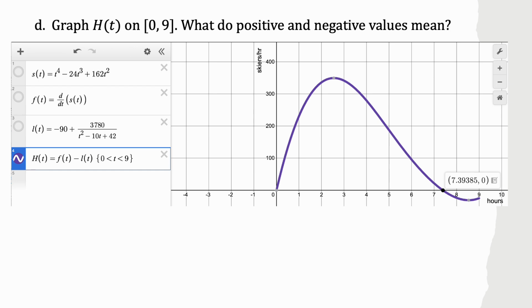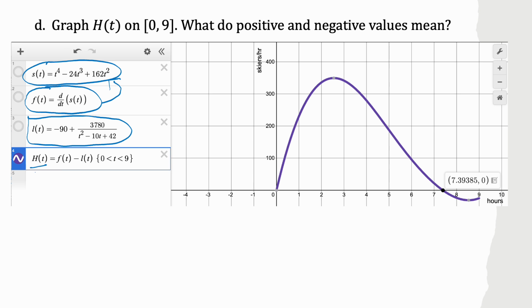Now remember my calculator hint. I said to plug everything in separately. So here, I did this in Desmos. You can see here's my position function, and then I said let f of t be the derivative of that. Then I also plugged in L of t, that was the rate that's leaving.